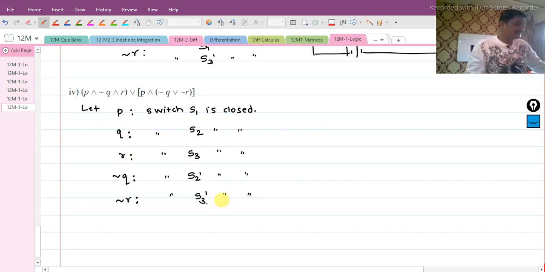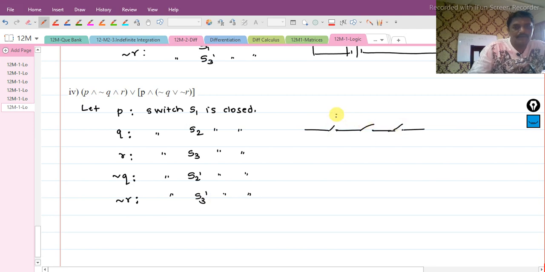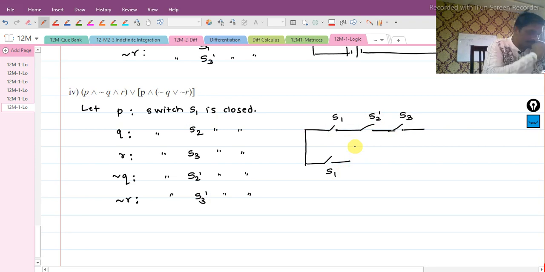ठीक है. Now let's prepare the circuit. P, this is S1 and negation Q and R. This is S1, S2 dash and S3. This is in parallel with this stuff. क्या दिया है? P, again S1, और अब यहाँ पर दोनों का ORing है.